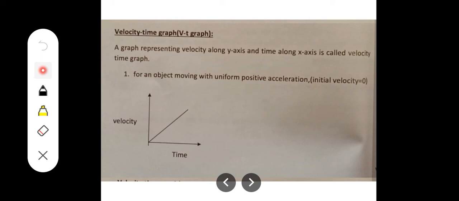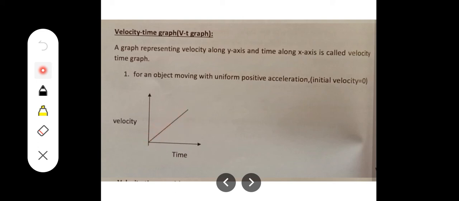As in the definition, velocity will be along the y-axis and time will be along the x-axis. That will be the type of representation. In the first case, for an object moving with uniform positive acceleration with initial velocity equal to 0, the graph will be a straight line.